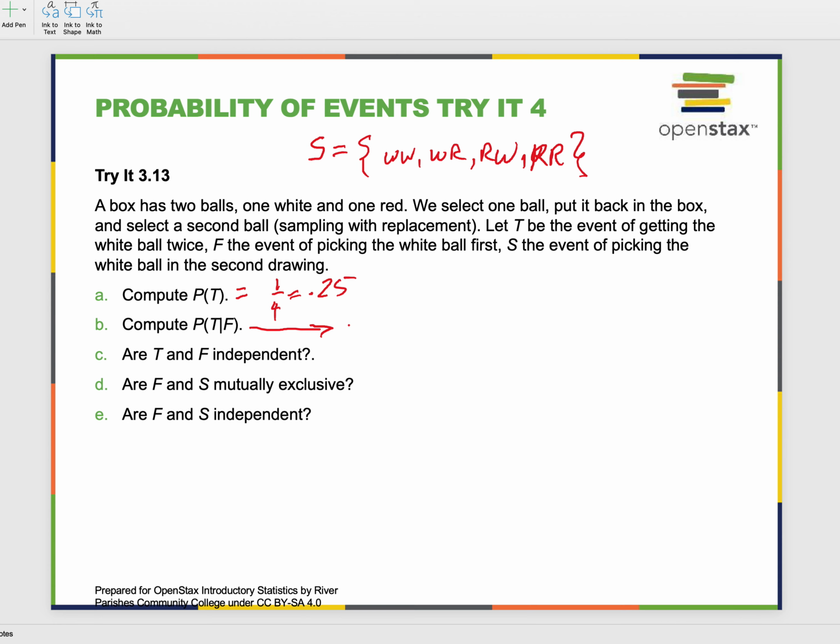Well, what is the probability of getting T and F? Well, what was F? F is picking a white ball first out of these two.